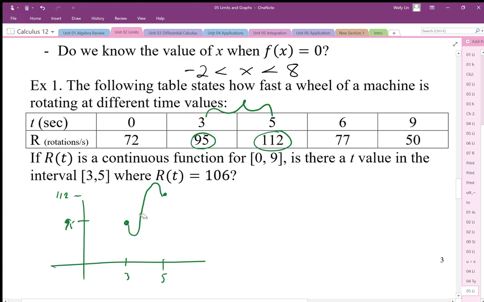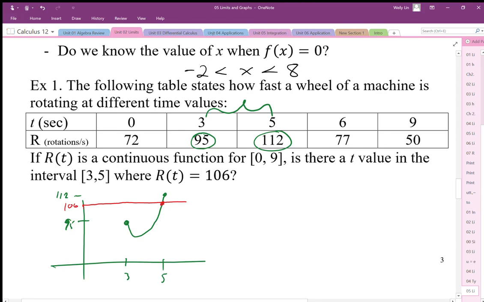It could be like this. It could go down and come back up. We don't know. It could just go straight across. But regardless, any way we draw this, we know that 106 must occur somewhere in that interval.